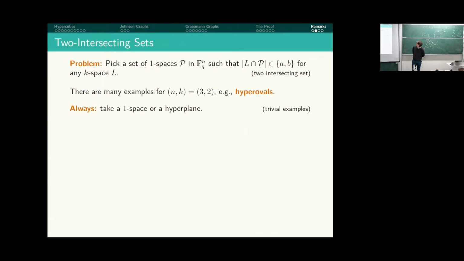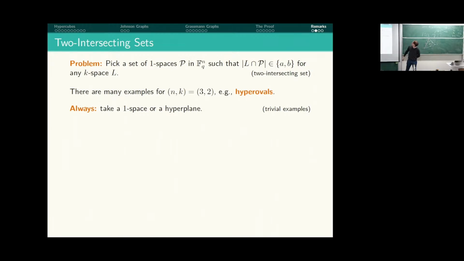And then I do not think that people care much about that here, I don't know. Another corollary of that is that you can look at 2 intersecting sets in vector spaces, which means you have a subset of points such that any k-space either contains A such points or precisely B such points.